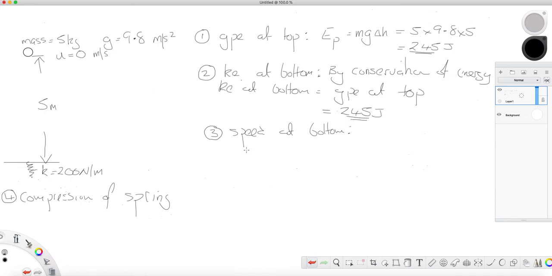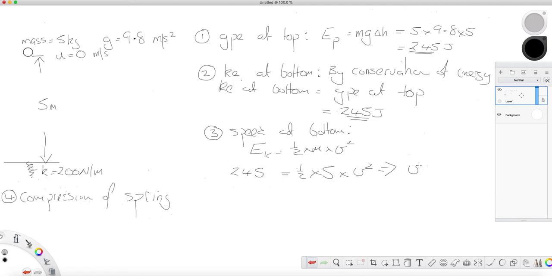Next part of the question, what's the speed at the bottom? Well, the kinetic energy, as we know, is a half times the mass times the speed squared. So we've got 245 is a half times the mass, which is 5, times the speed squared. So we're going to have 245 times 2 is 490 divided by 5.